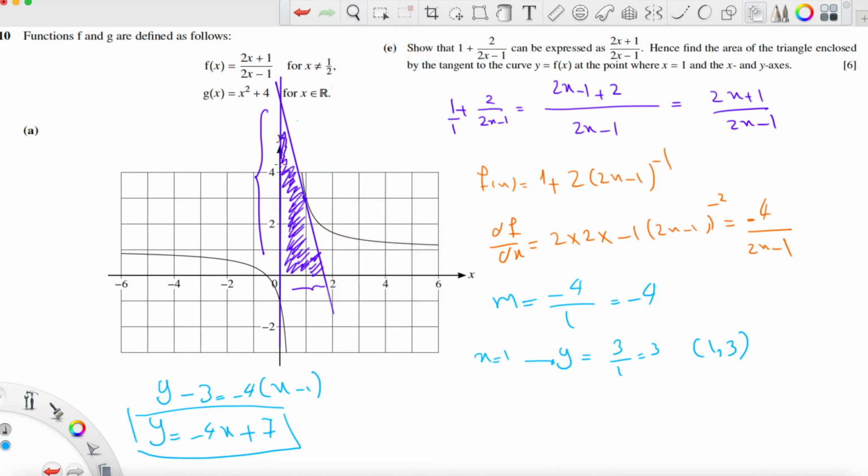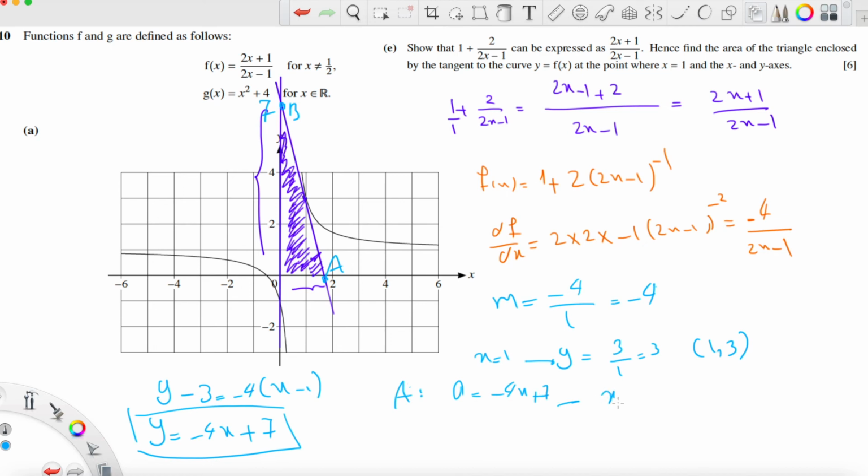Now we need to find these 2 points. I label this point A, this point B. To find B, x is 0. So if x is 0, y will be 7. So this point is 7. To find A, the x coordinate of A, y will be 0. So 0 is equal to negative 4x plus 7.